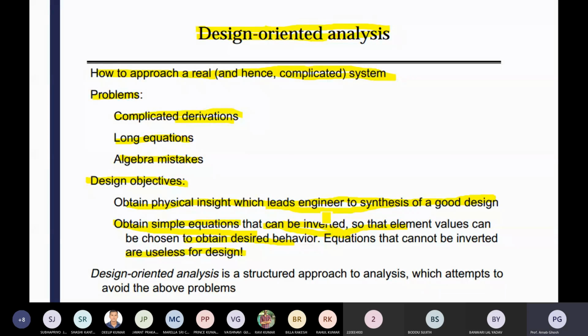If any system has a right half plane pole, the system is unstable. So you cannot invert the transfer function.